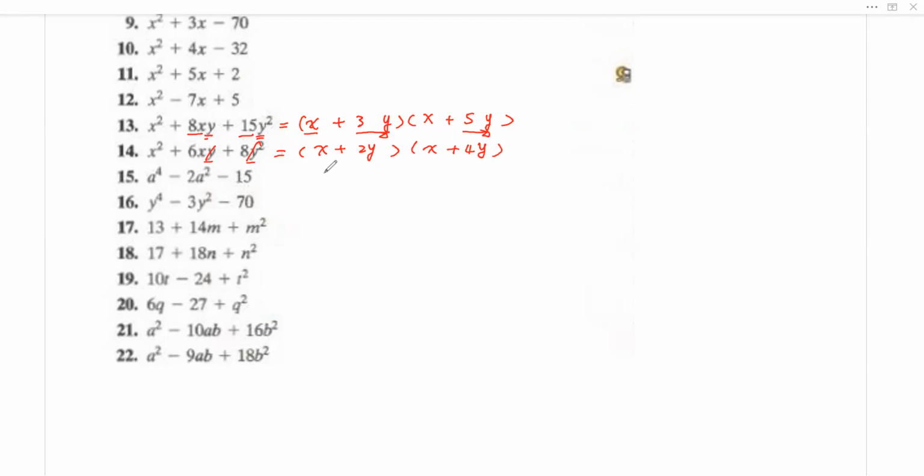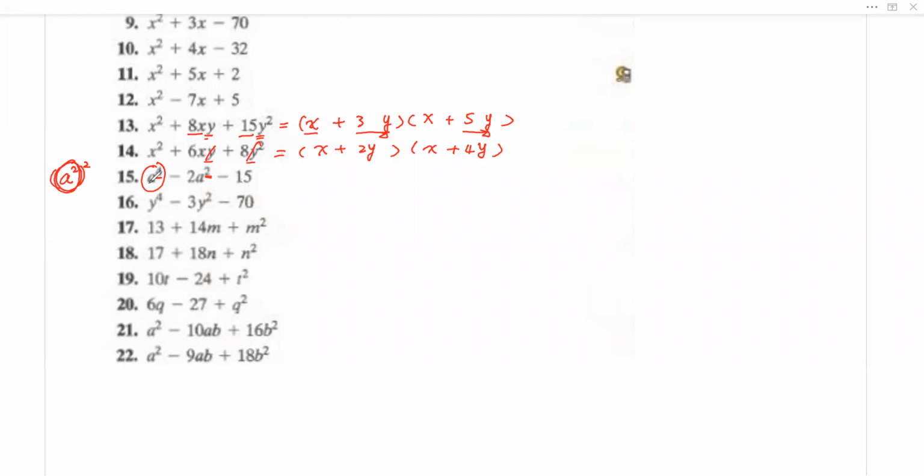All right, see number 15. Right now we go to a higher degree. Here is a power 4. Here is a power 2. So we consider the power 4 here as a square. So it means we consider this one as x.